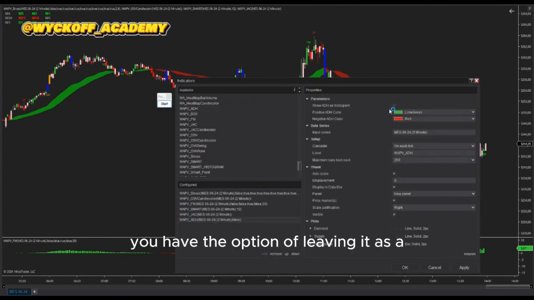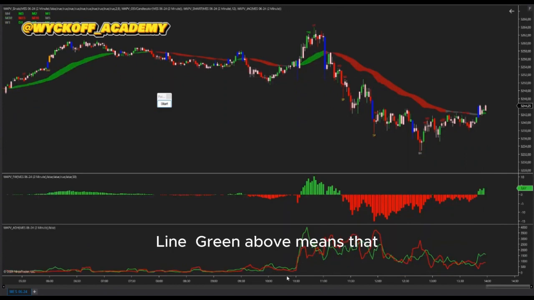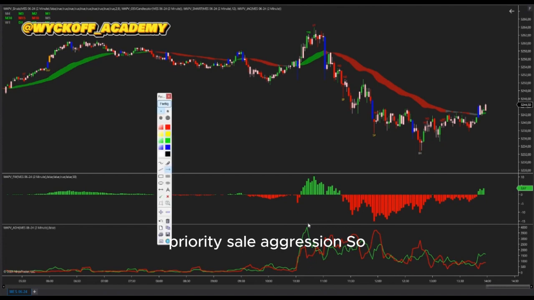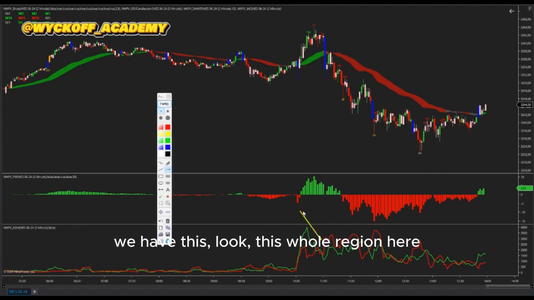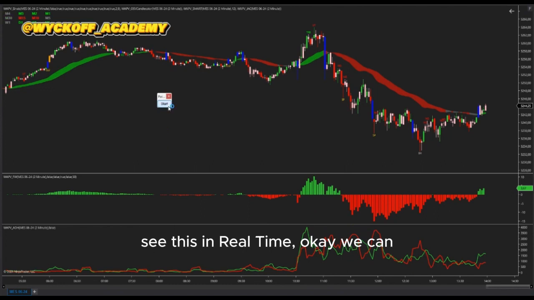You have the option of leaving it as a histogram or as a line. So here, green line above means priority purchase aggression, red line above means priority sale aggression. So we have this, look, this whole region here showing sale decreases, the sale entered, sale again, and you can see this in real time.